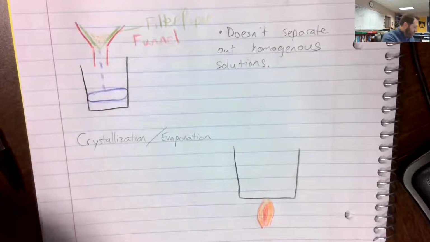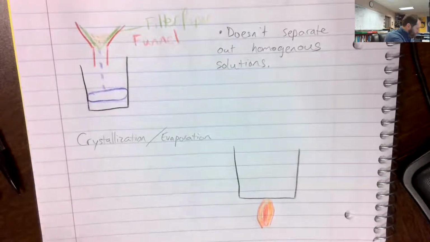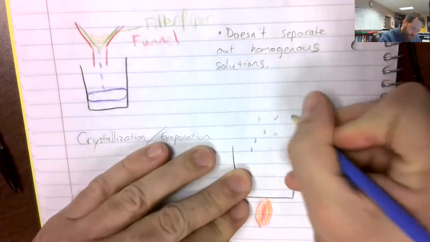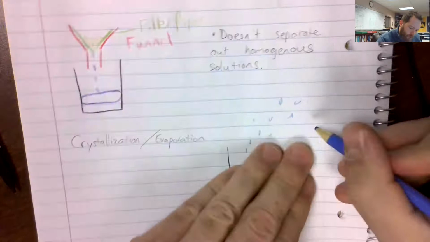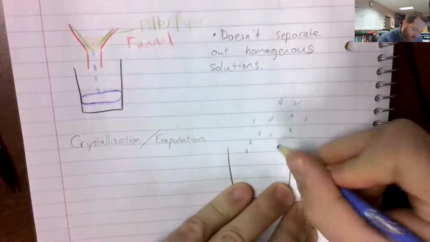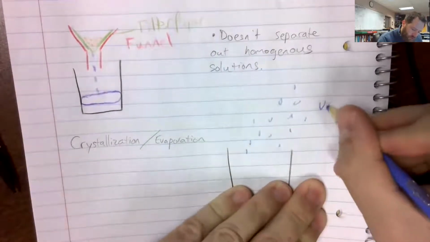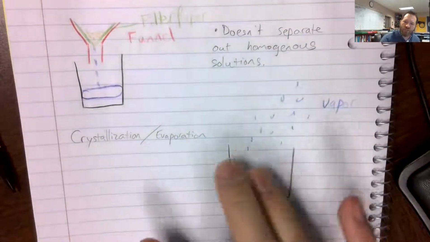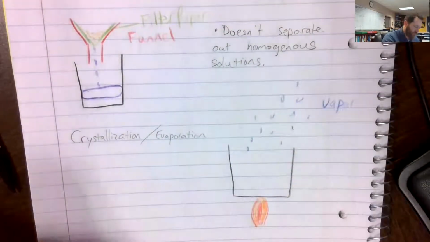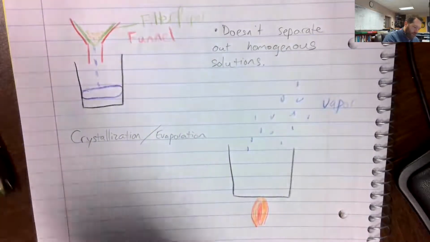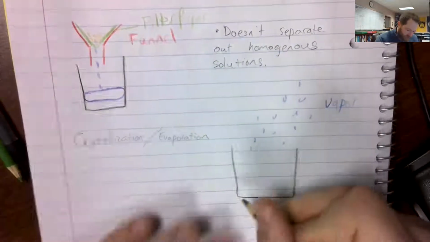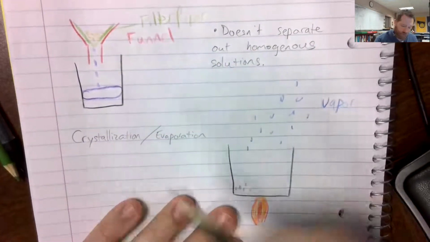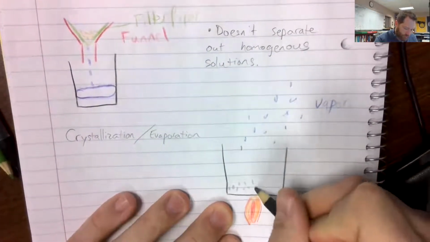And what happens is that the water is going to vaporize. We apply the heat, the water vaporizes and boils off. And now we're left with just the salt, which is going to then crystallize. That's where the name crystallization comes from.